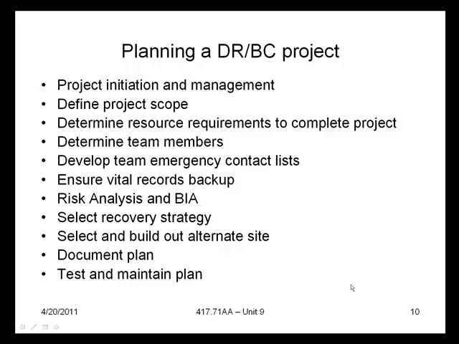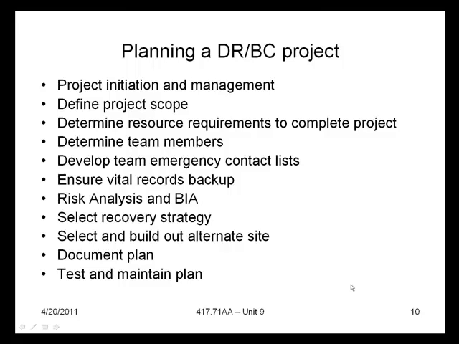You figure out what you need to complete the project to actually build the disaster recovery business continuity plan. Figure out who the team members are who are going to be working in the planning effort, and these team members may on an ongoing basis be the disaster recovery team for the enterprise itself.